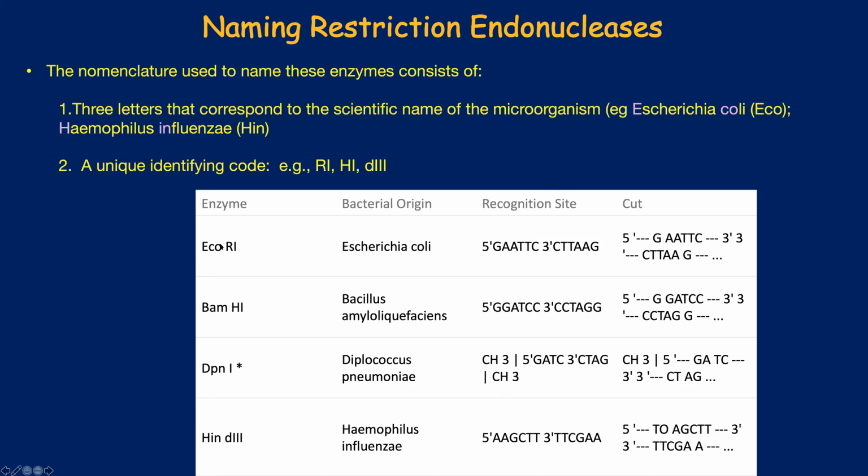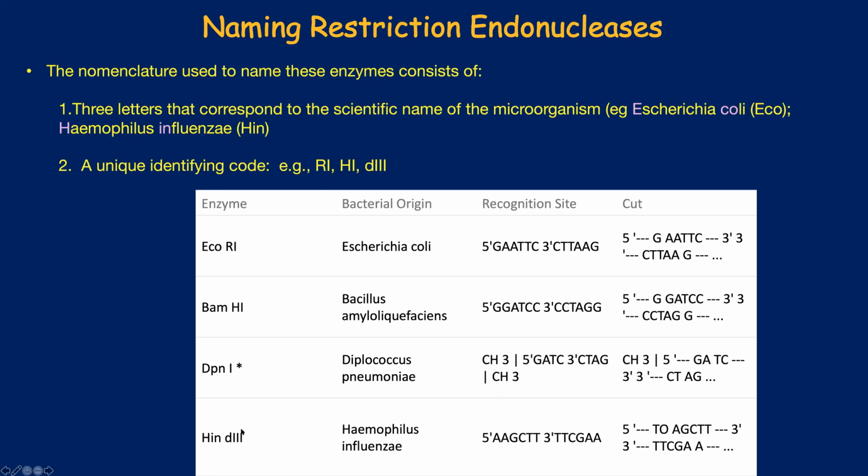So E. coli produces a lot of different restriction enzymes. There's an EcoR2, an EcoR5, and several others. Similarly, with Haemophilus influenzae, it's named Hin, H from the Haemophilus, in from the influenzae.